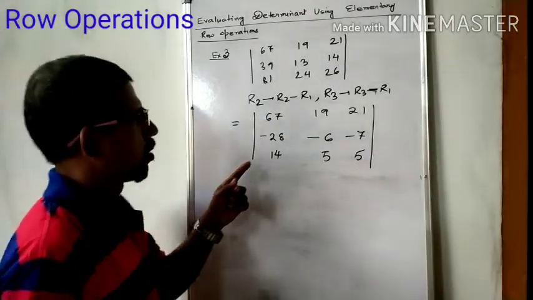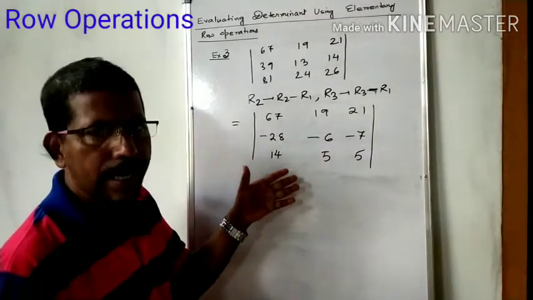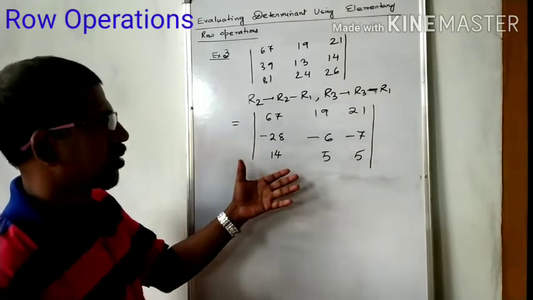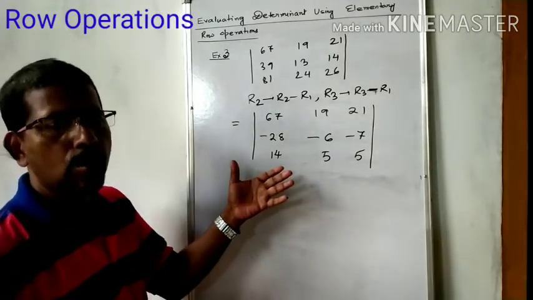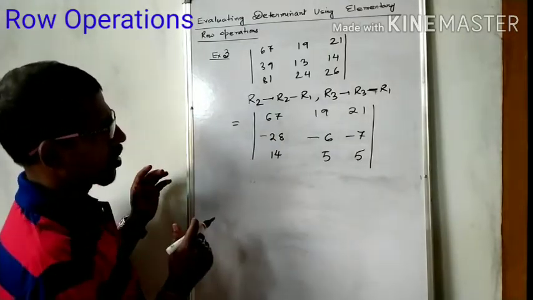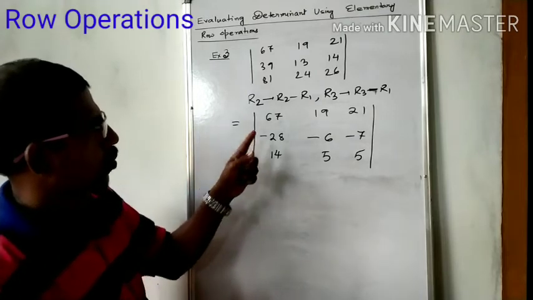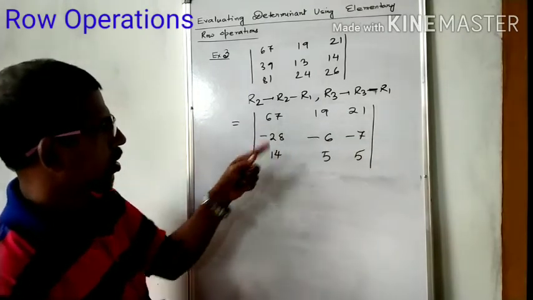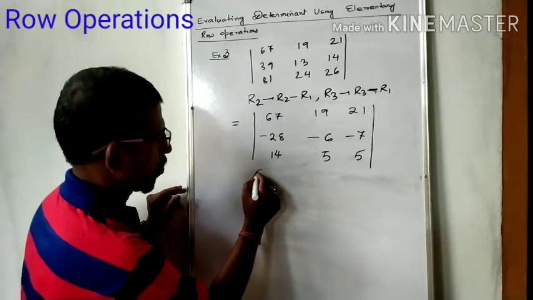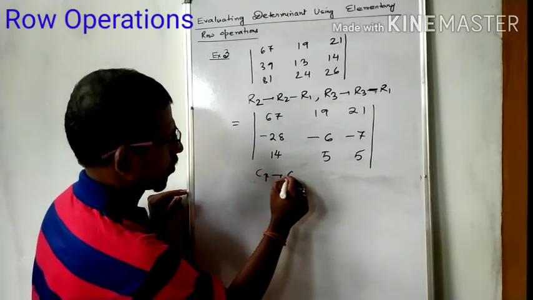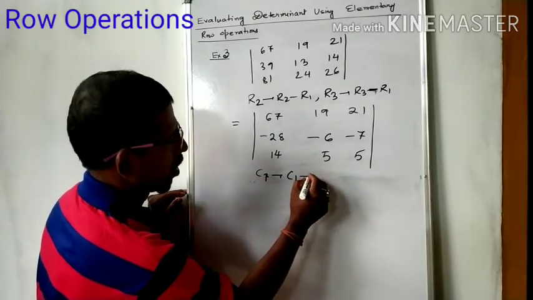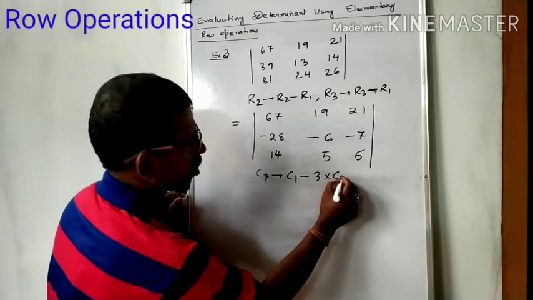Now we are going to reduce this determinant again by using a row or column operation. Now we can use a column operation. We can multiply this by 3 and subtract from here. So you can use C1 tends to C1 minus 3 into C3.